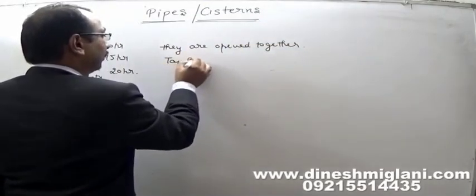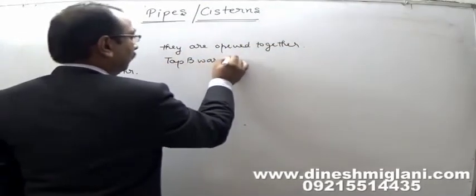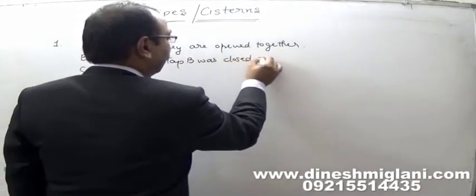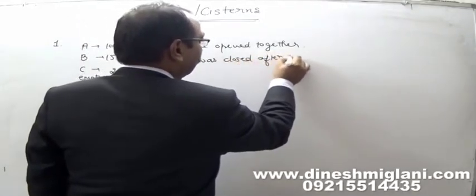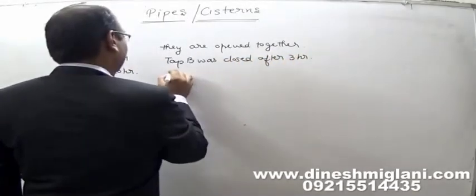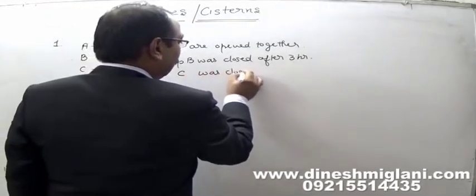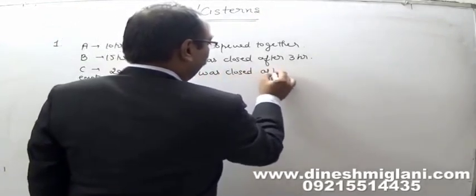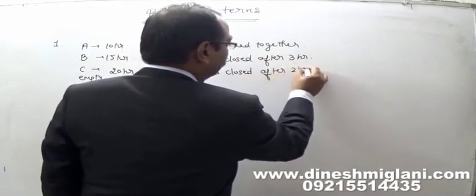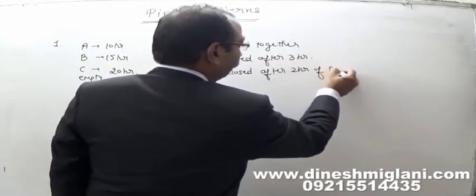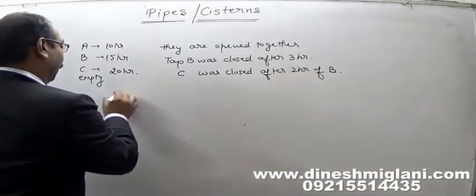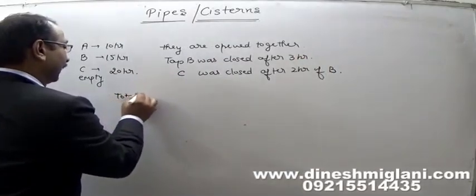Tap B was closed after 3 hours, and tap C was closed after 2 hours of B. The question is, what is the total time in which the tank was filled?